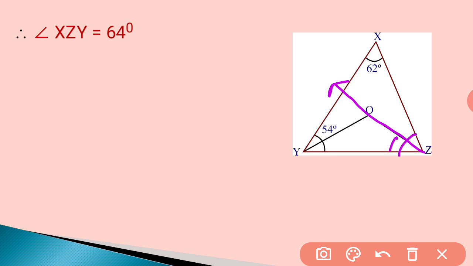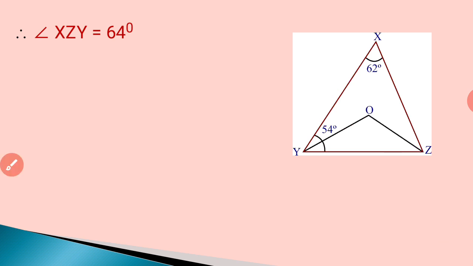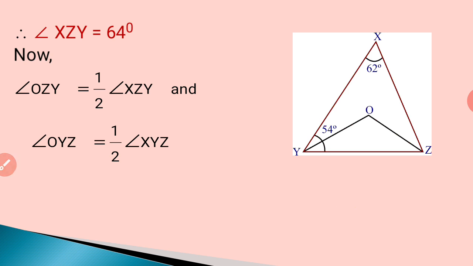This is how we'll get the value of angle OZY. So let's quickly find it out. So it is half. Similarly, angle OYZ will be half of the entire angle Y. So let us work on both the angles.